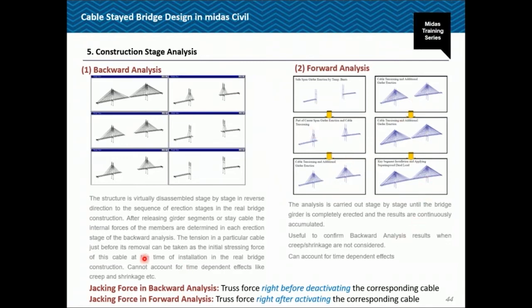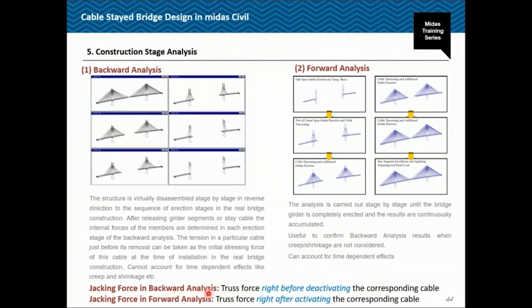So the main drawback of backward construction stage analysis is it cannot accommodate the time dependent effects. It cannot capture the time dependent effects because the time dependent algorithms are incremental by nature. So we have to use forward analysis in case of concrete bridges, long span concrete bridges, where the creep and shrinkage effects would be predominant.